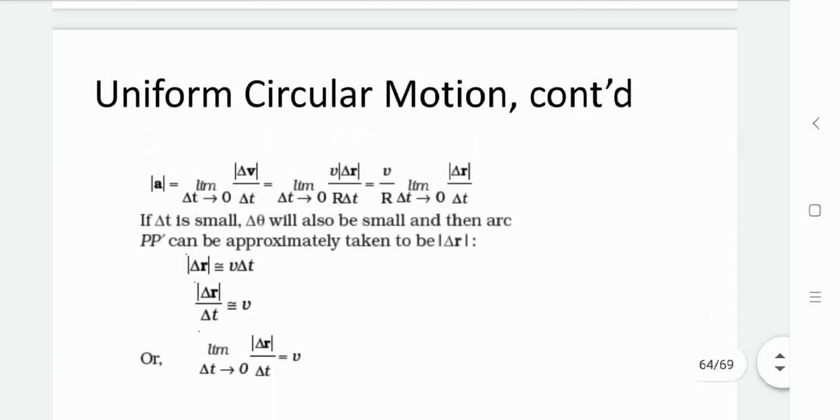Apply the limit and substitute into the acceleration equation. The acceleration is the limit delta t tends to 0 of delta v by delta t. Delta v is replaced by the above expression, v into delta r by R into delta t. Here v divided by R is a constant.